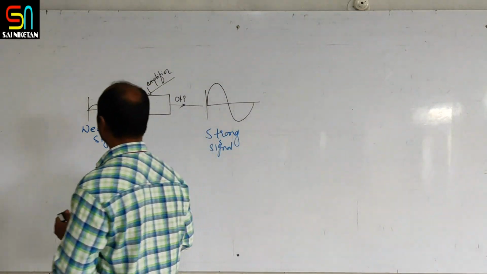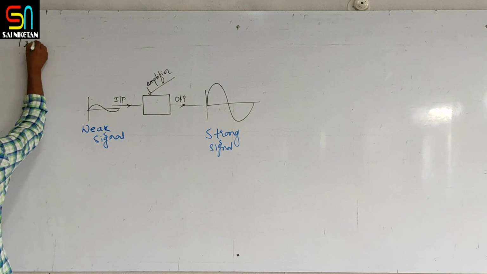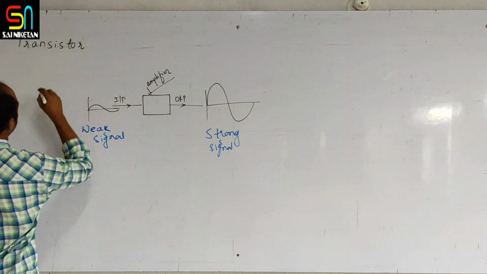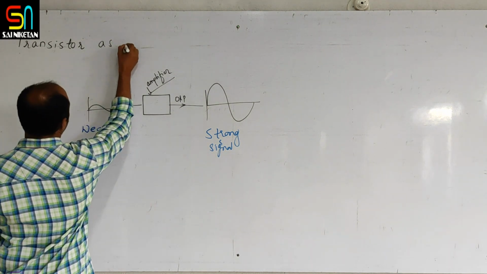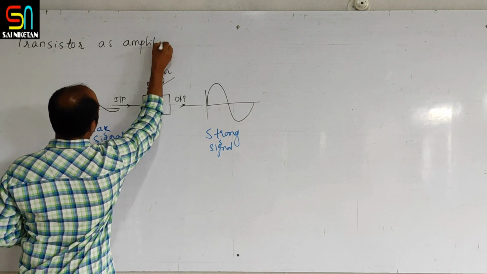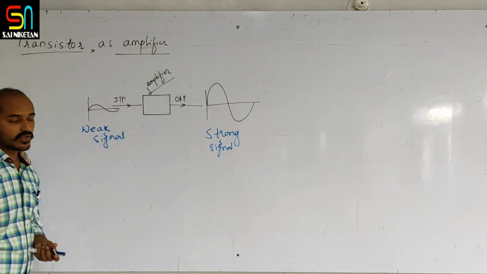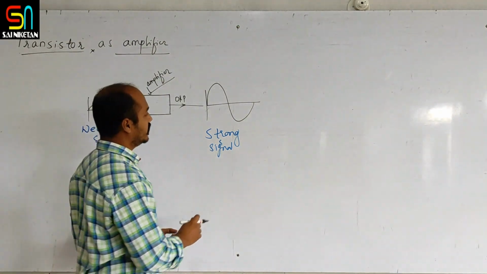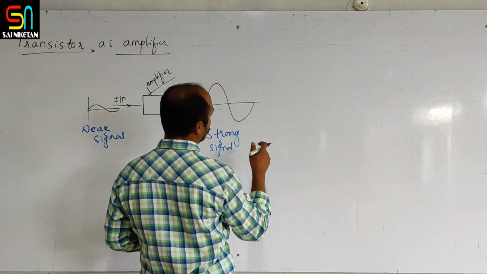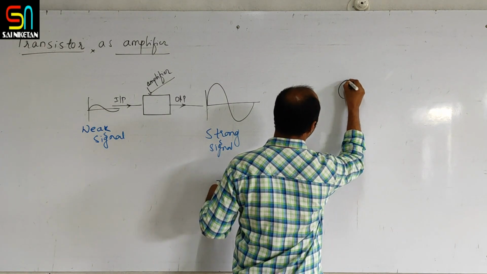So today's topic is transistor as amplifier. How can we use this transistor as an amplifier? We will see. The circuit diagram consists of an NPN transistor.